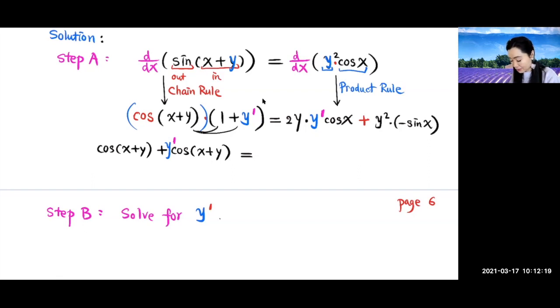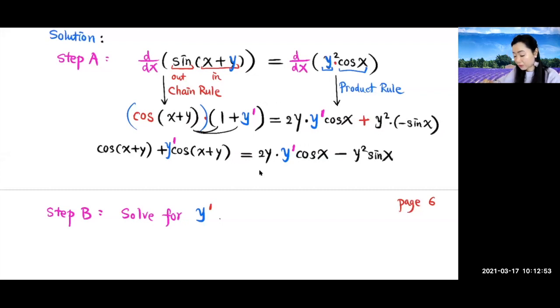Because we're trying to solve for y prime, I'm going to distribute over here to free this y prime from the parenthesis. So I got this y here. Now this one here, just copy. So 2y times y prime cosine x minus y squared sine x.